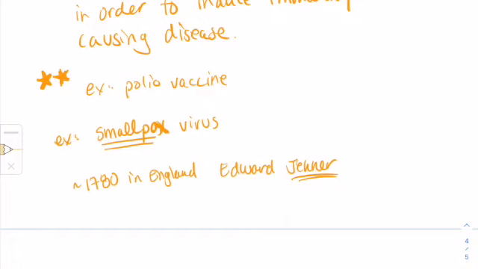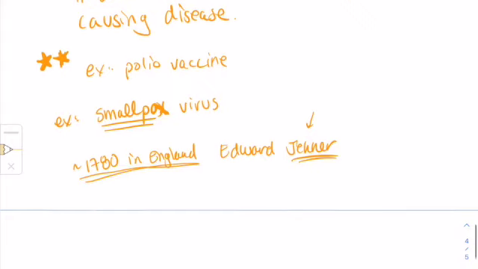And this little story, I want to preface this by saying that this practice that Jenner, quote unquote, discovered had been practiced in other parts of the world for thousands of years already. Jenner was just the first person to document this scientifically. So he ends up getting credit for it, but we'll get to that a little later, give him some more credit where credit is due.